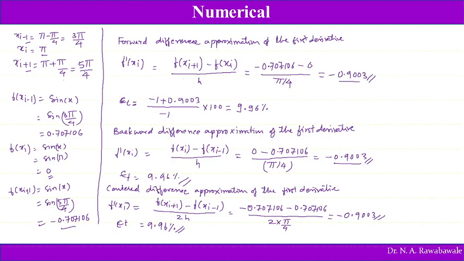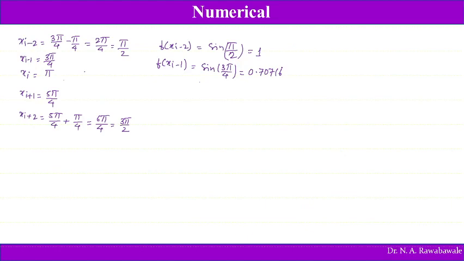Sine 3 pi by 4, as we have already obtained, is 0.707106. Then f of xi, sine pi, is nothing but 0. Then f of xi plus 1, which is sine 5 pi by 4, we obtained as minus 0.707106.